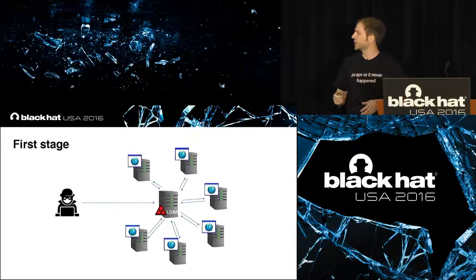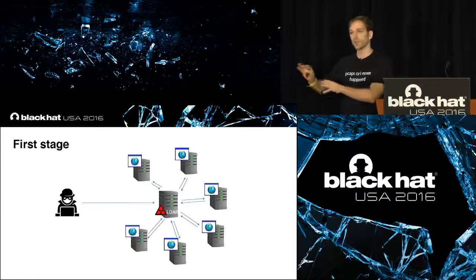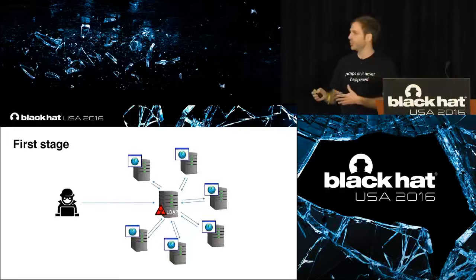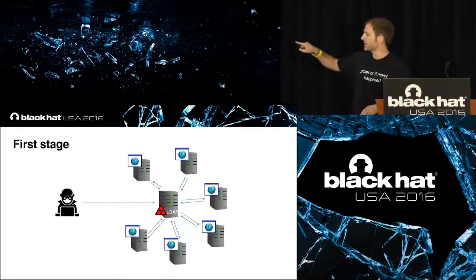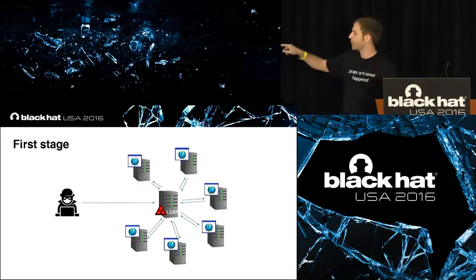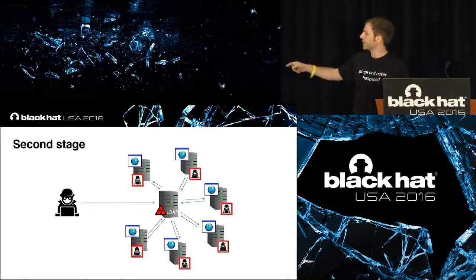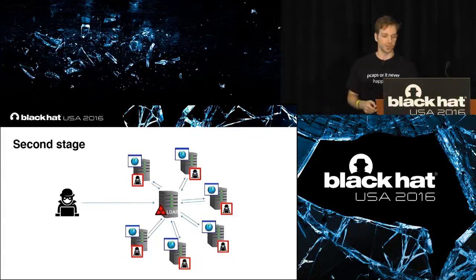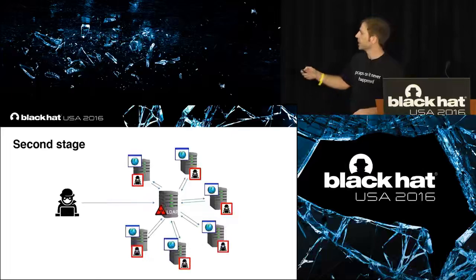In the first stage, the attacker needs to poison an LDAP entry. By poisoning, we mean that they need to inject or modify some LDAP entry attributes. Once these LDAP entries are poisoned, any application that is searching for these poisoned entries will basically open the door for the attacker to get remote code execution.